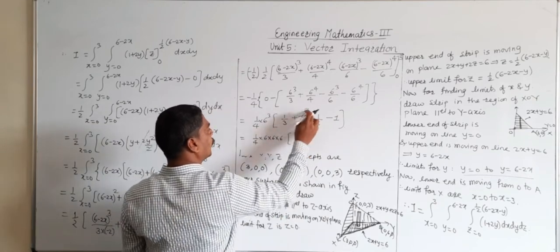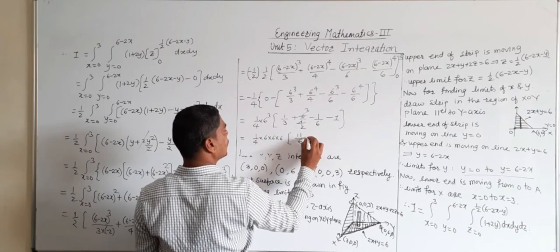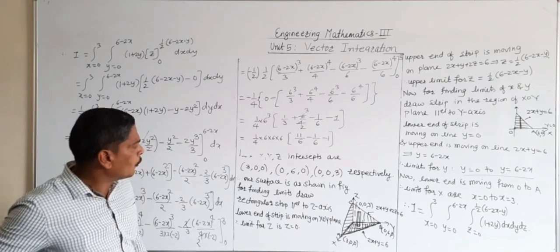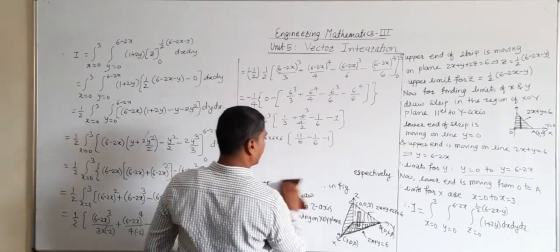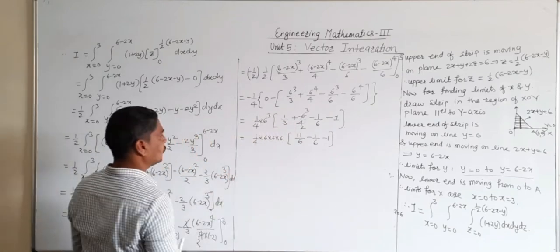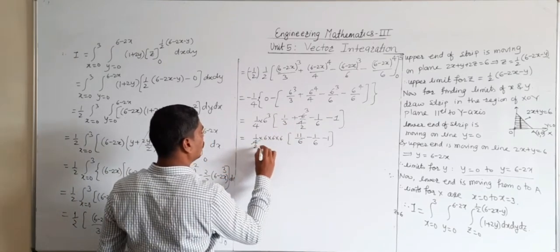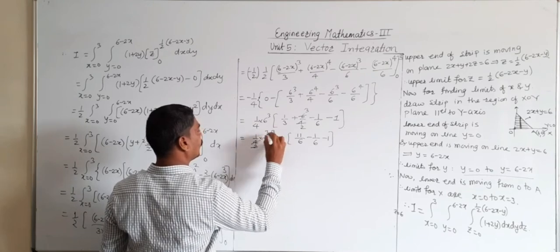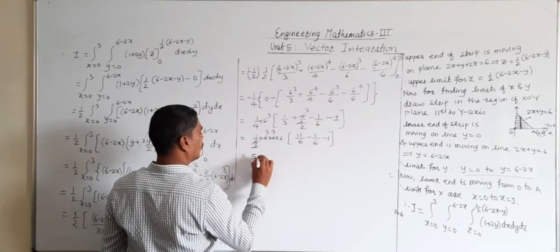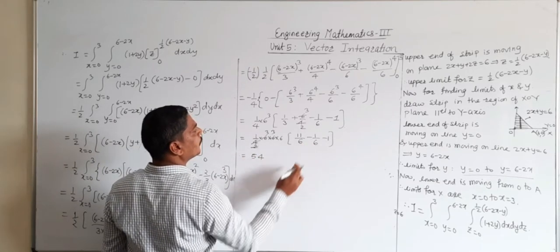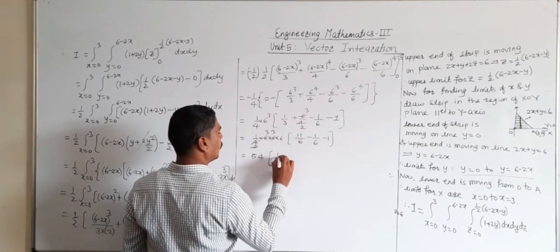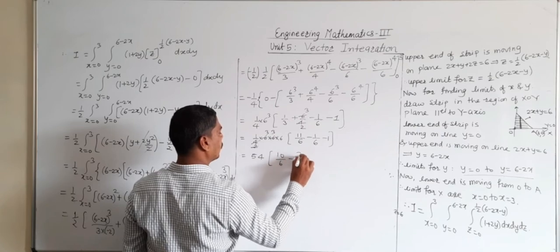After simplification this is equal to 3 into 3 is 9, 9 into 6 is 54, and simplifying using the same denominator we get 10 divided by 6 minus 1.